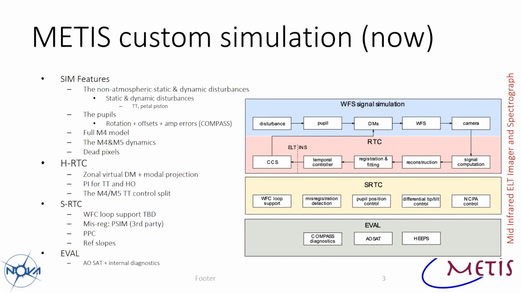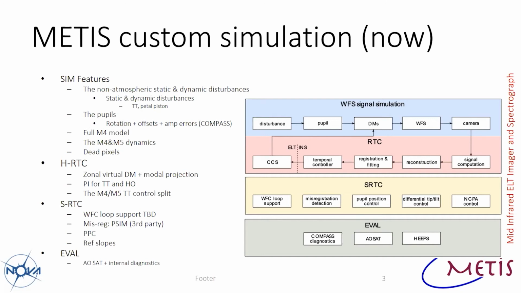And we have recently also managed to implement what ESO calls the CCS, that is the control system, which is actually part of the ELT, and will also interfere somehow with the actual control. And then there is the soft RTC, which is busy with the derotation that I already mentioned, and a number of other things: NCPA updates, differential tip tilt, and so on.